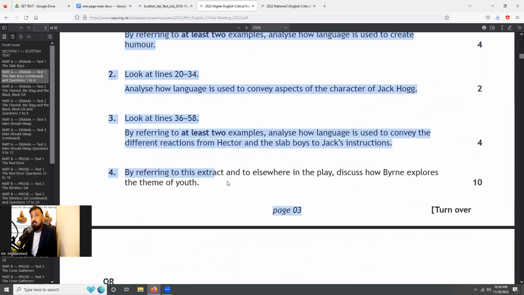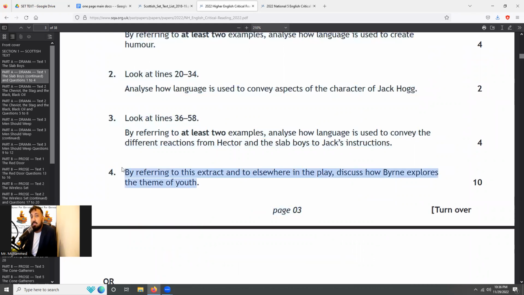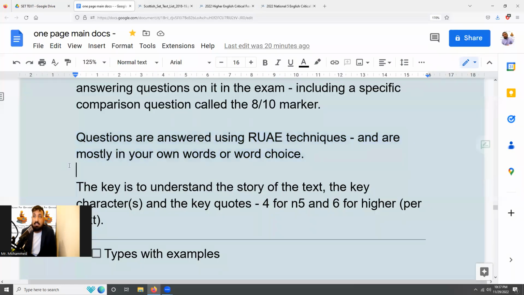And then you have this final comparison question, which obviously you will not be familiar with, or if you are, this is the only question which is unique to the Scottish text. It's 10 marks at Higher and 8 marks at Nat 5. I'm going to explain what that is exactly in another video further down in the course.